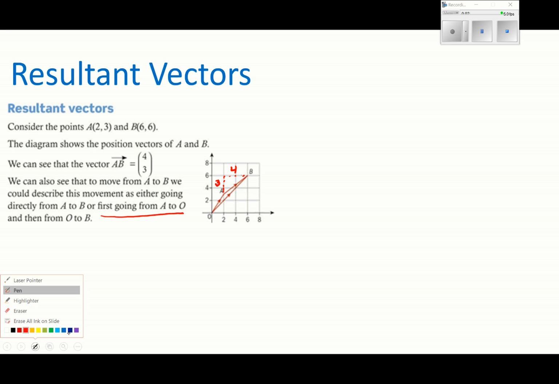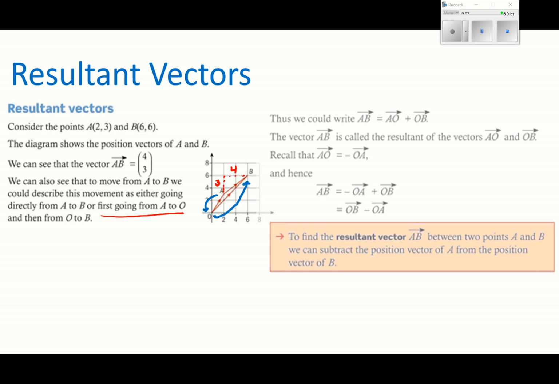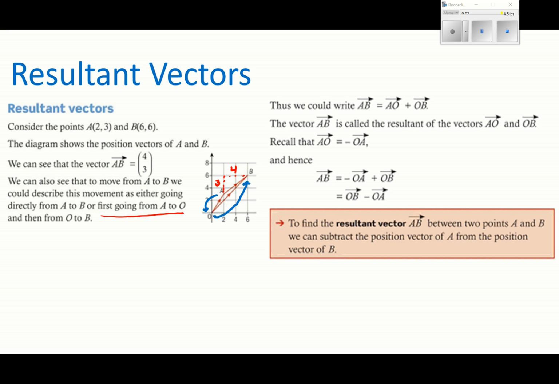So instead of going directly from A to B, I went from A back to the origin, and then from the origin up to B. Therefore, we could write our vector AB is the same thing as going from A to O plus O to B. The vector AB is called the resultant vector of our vectors AO and OB.